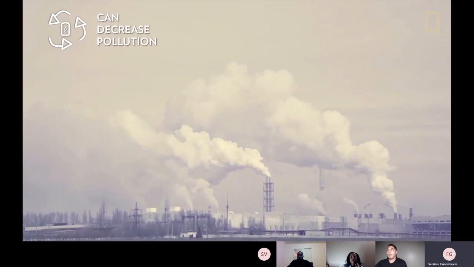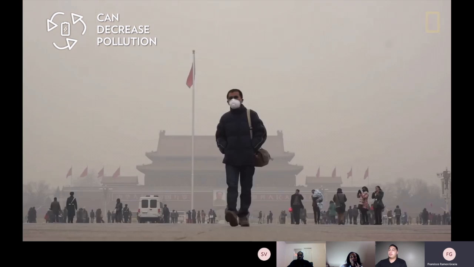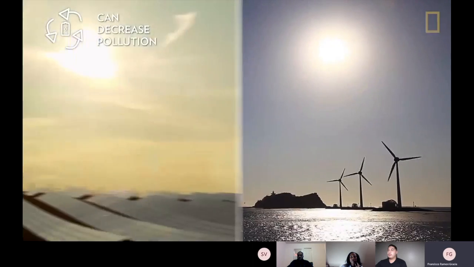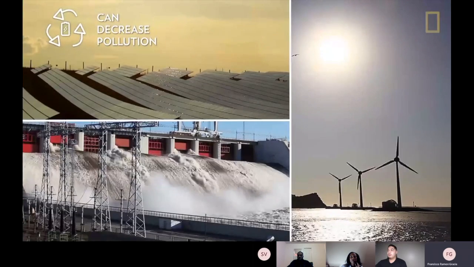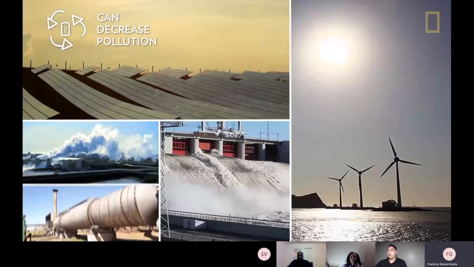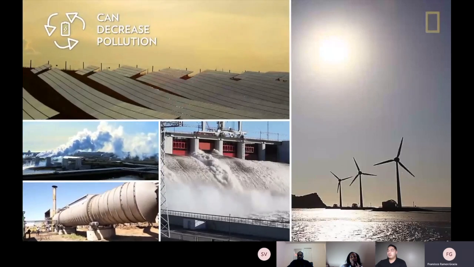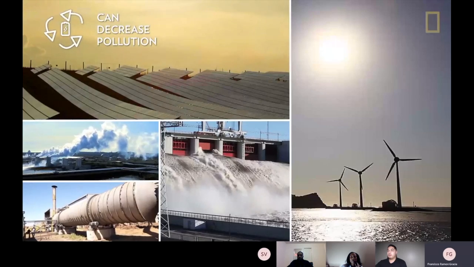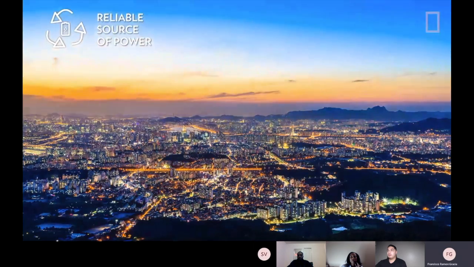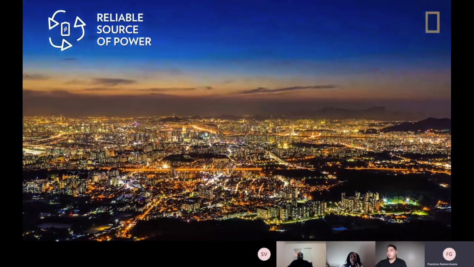Second, renewable energy can decrease pollution and therefore reduce threats to our health. Wind, solar, and hydroelectric systems create no air pollution emissions, and geothermal and biomass energy systems emissions are much lower than non-renewable energy sources. Third, renewable energy is a reliable source of power.